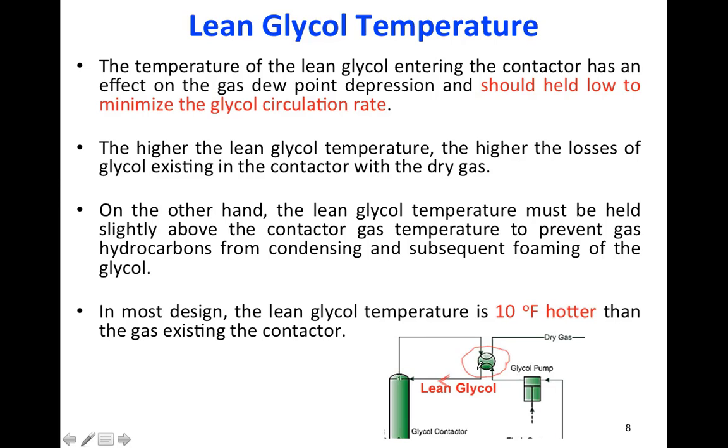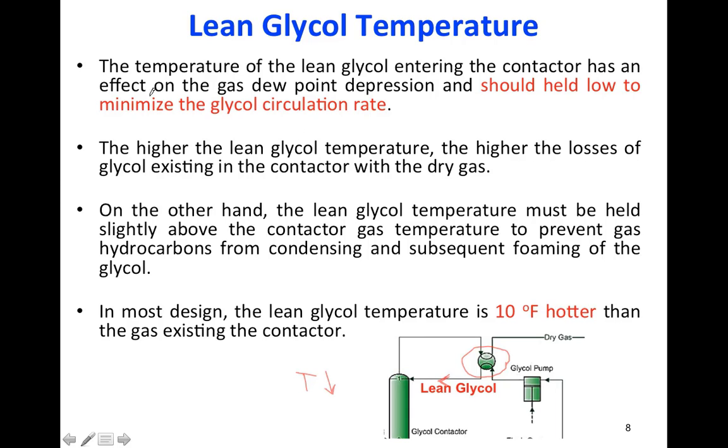So you know that we use this heat exchanger to remove some of the heat from the glycol, because we want to use this lean glycol in the absorption process, where we prefer to have lower temperature. So we prefer to keep the temperature here low. But as I said, we cannot have very, very low temperature because we can condense some hydrocarbon, and there are some issues. Glycol becomes very viscous. Those are the issues that we can face.